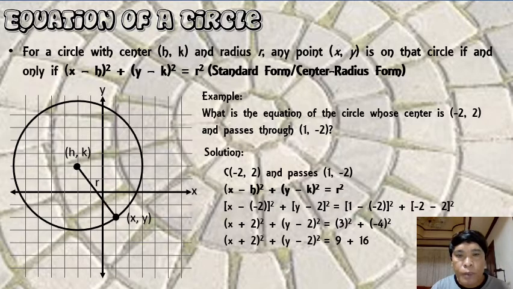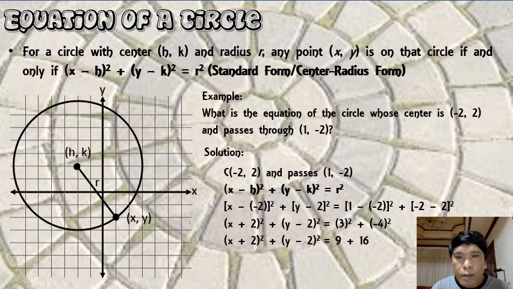So, the center is at -2 and +2. So, that is quantity x minus -2 squared plus quantity y minus 2 squared is equal to 1 minus -2 squared plus -2 minus 2 squared. Then simplify, that is x plus 2 squared plus y minus 2 squared equals 1 minus -2 is +3, then rewrite squared, plus -2 minus 2 is -4 squared.